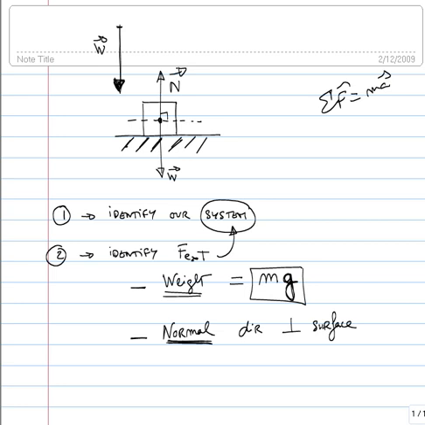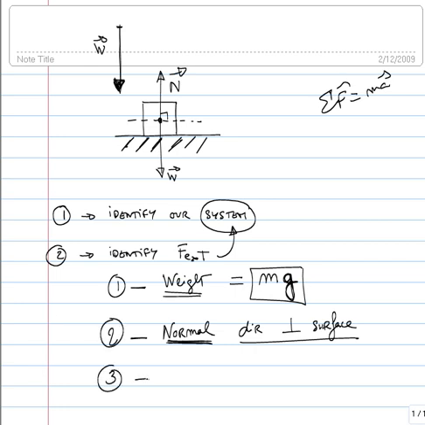This is all you should assume. You should never assume that the magnitude of your normal force is equal to the weight, because 99% of the time it will not. The only thing you can assume about the normal force is that its direction is perpendicular to the surface on which your system is sitting. Okay, so first force weight, second force normal.